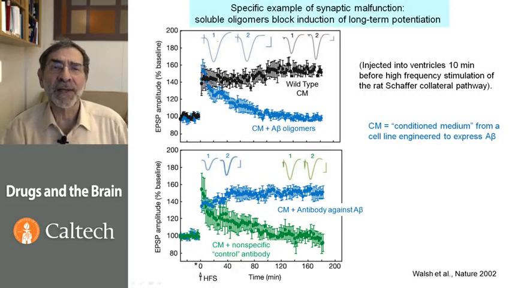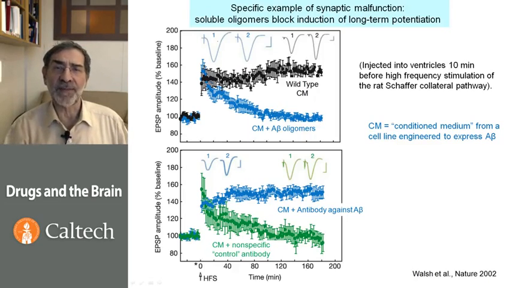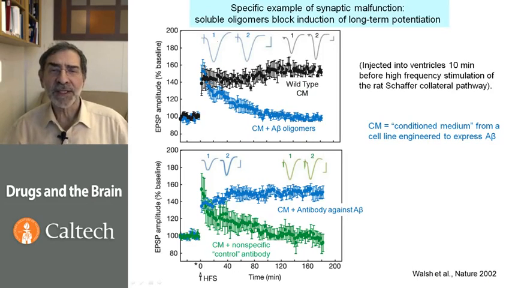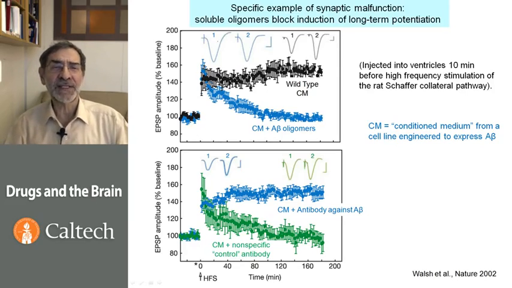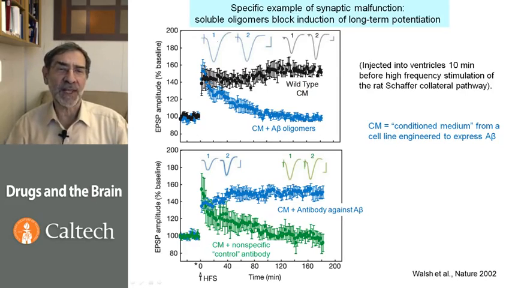Now we're going to talk about a specific example of synaptic malfunction that might be associated with A beta peptides. It's an interesting story because it will be familiar to many neuroscientists. It involves long-term potentiation, which we abbreviate LTP. It involves slices from the hippocampus of a rat, and we've discussed the hippocampus in a previous lecture.